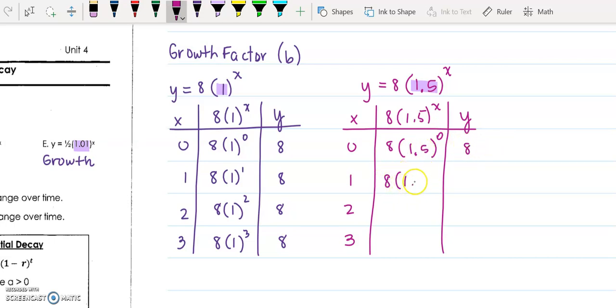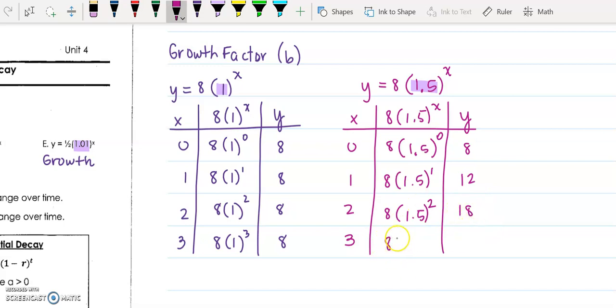Next, we'll do 8 times 1.5 to the first. This is taking 1.5 to the first power, which is 1.5, times 8, and that is 12. Next, we'll do 8 times 1.5 squared. 1.5 squared times 8 is 18.